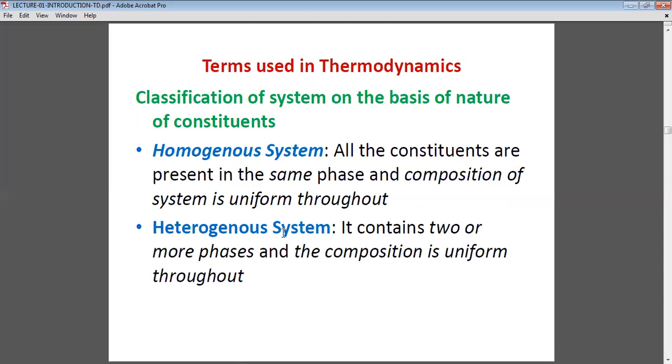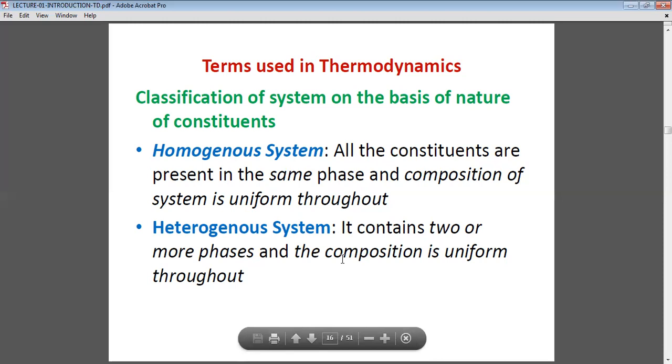Any substance in the universe can exist in either solid phase, liquid phase, or gaseous phase. A system consisting of a single phase throughout is called a homogeneous system, while a system consisting of more than one phase is called a heterogeneous system. So a homogeneous system is uniform throughout and consists of only one phase, whereas a heterogeneous system contains two or more phases.